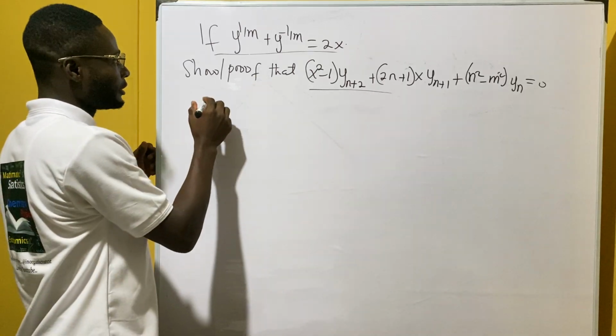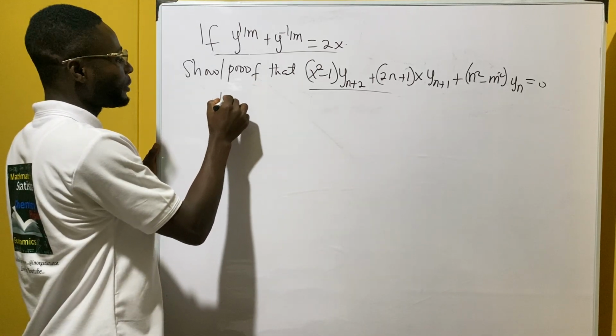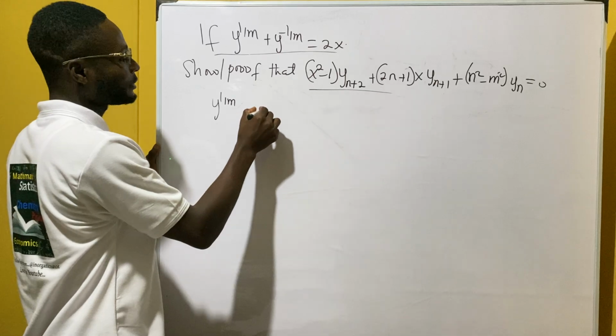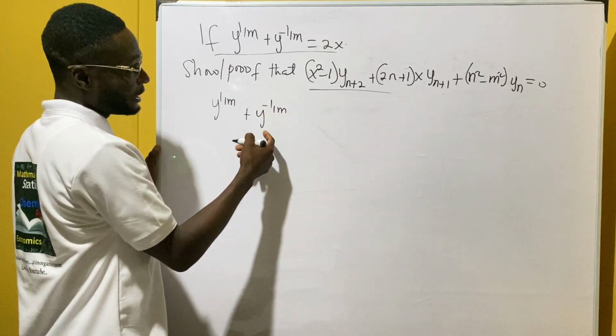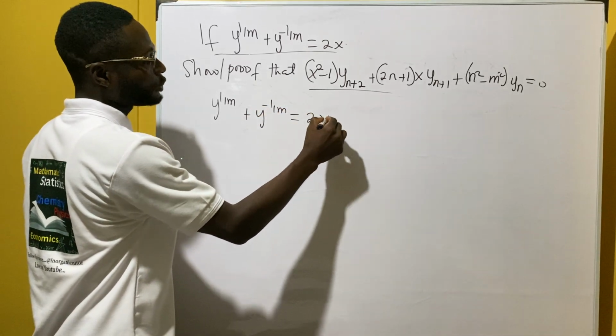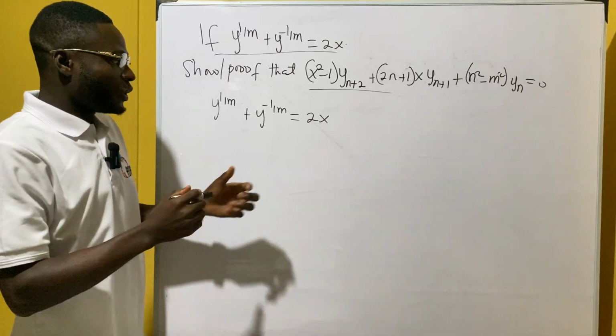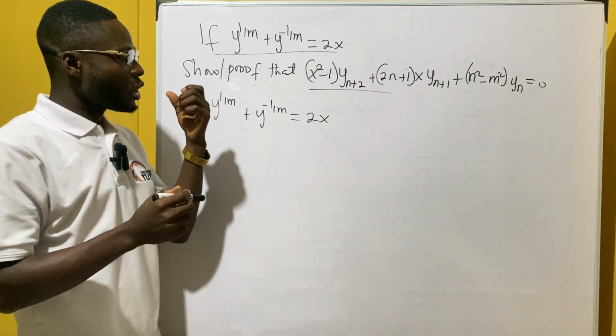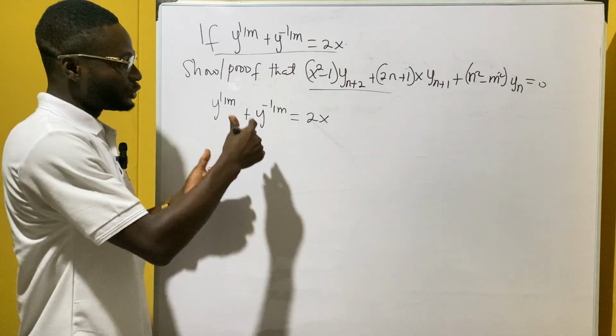So let's go. y^(1/m) + y^(−1/m) = 2x. Now this right here, we have to work it out. We have to change it.